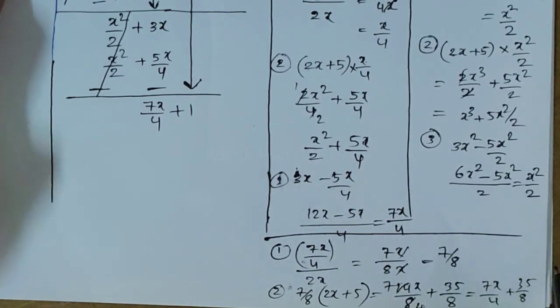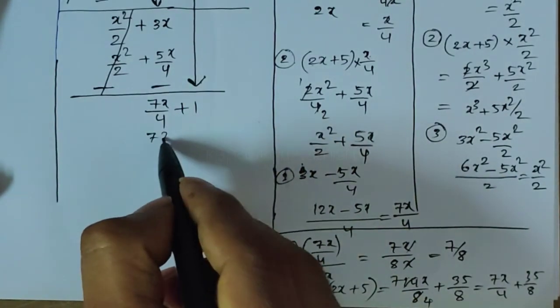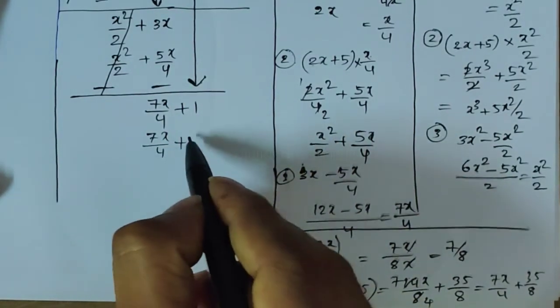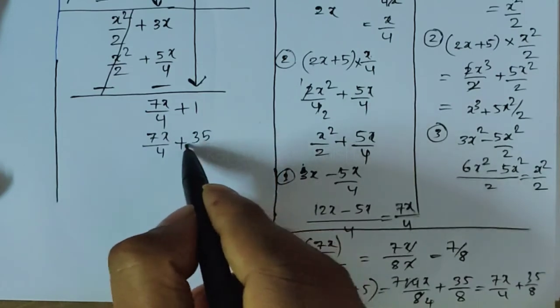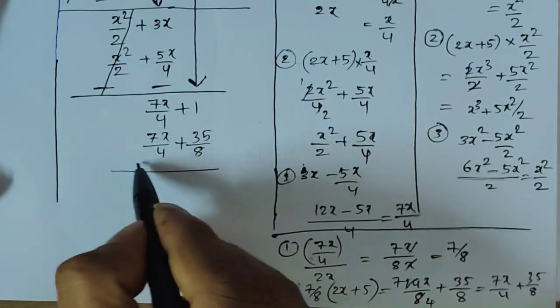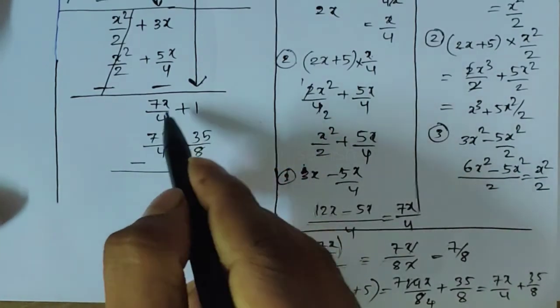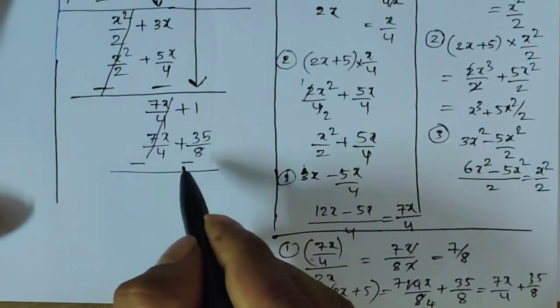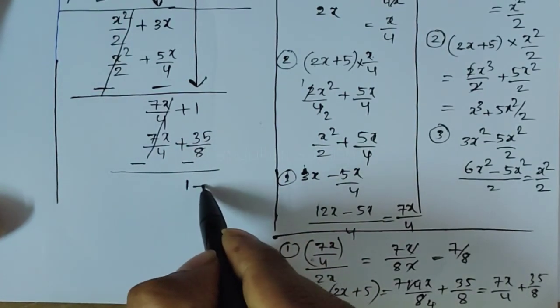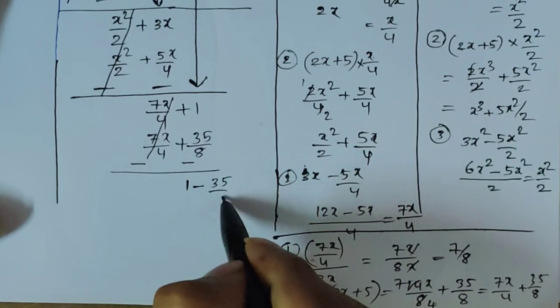This part should be written just here, 7x by 4 plus 35 by 8. Then change the signs, and these two get cancelled. So you got 1 minus 35 by 8.